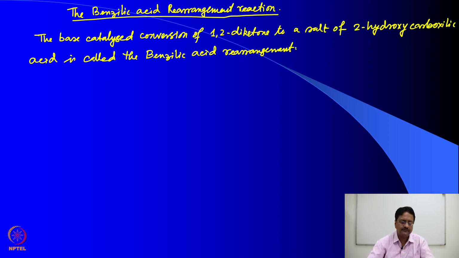The name has come from the original reaction that was found on a compound called benzyl, and when you do this reaction on benzyl, you get an acid which is called benzylic acid. So, the name of this rearrangement reaction has come from the original compound on which this reaction was first discovered. What I am trying to draw here is benzyl.